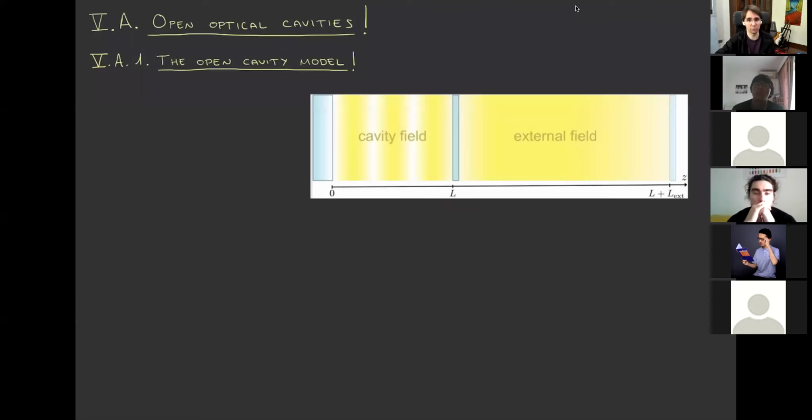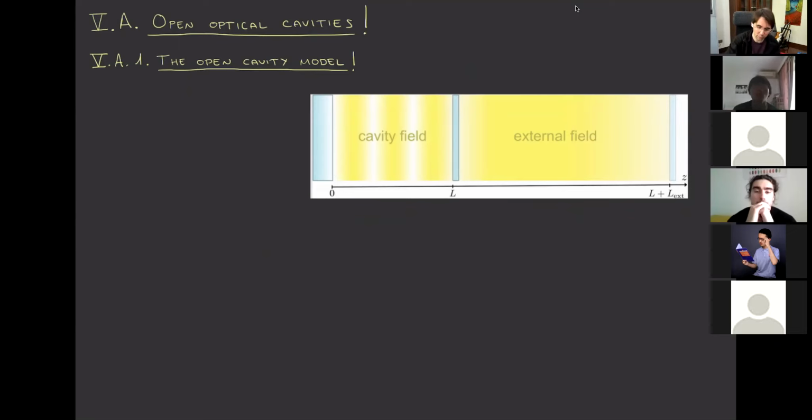But in order to use the description that we have already considered, we can make a model in which we assume that outside of the cavity we have another mirror located at distance L external with respect to the mirror at L. Then this is the external cavity that shares the partially transmitting mirror with the main cavity that we are interested in.